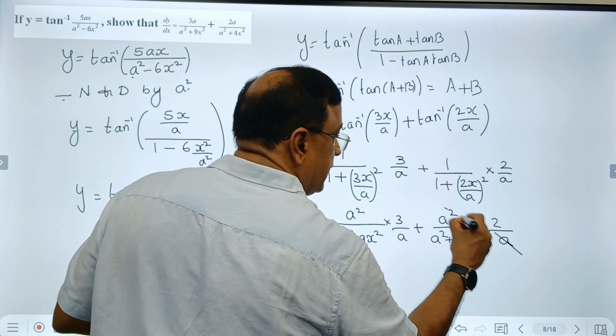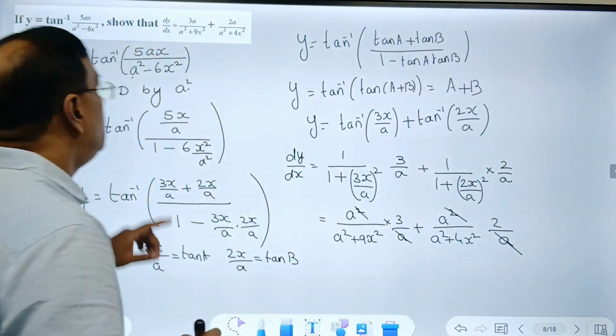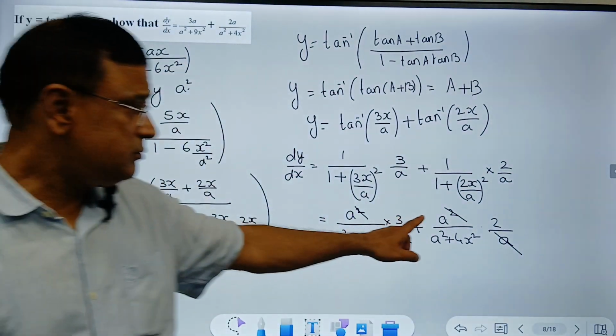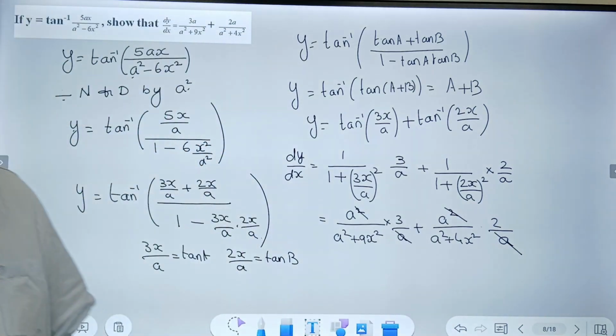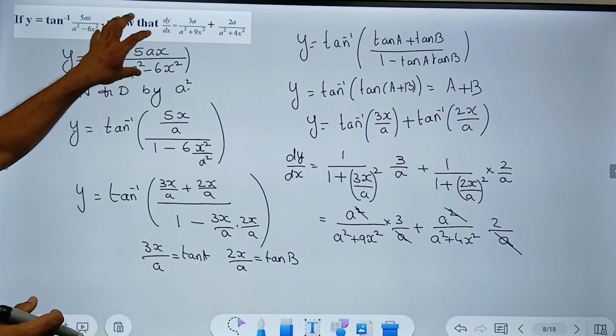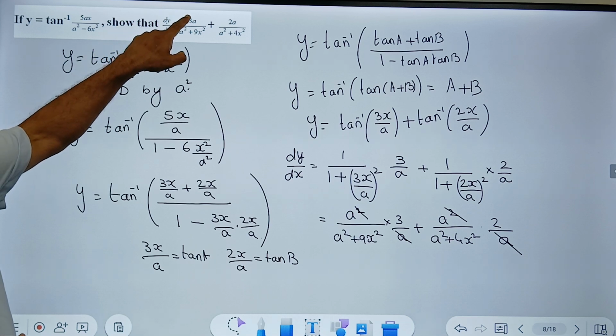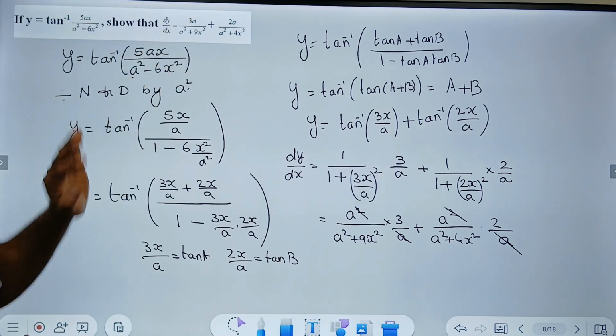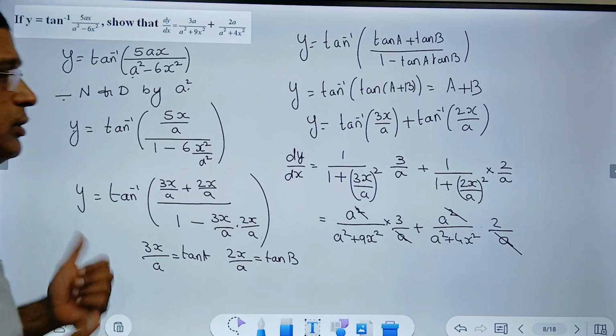Now a and a cancel, a and a cancel, and you got the answer: 3a by a square plus 9x square plus 2a by a square plus 4x square. Very simple. Again, differentiating this directly is very difficult. So you have to reduce it to the simplest form. Understand the technique, it's not at all difficult.